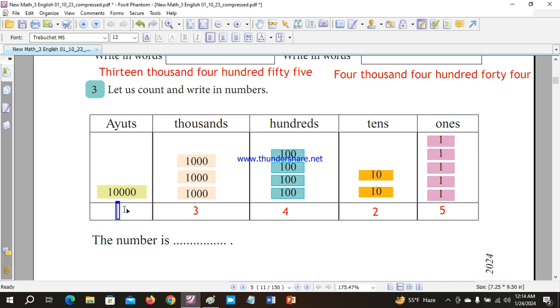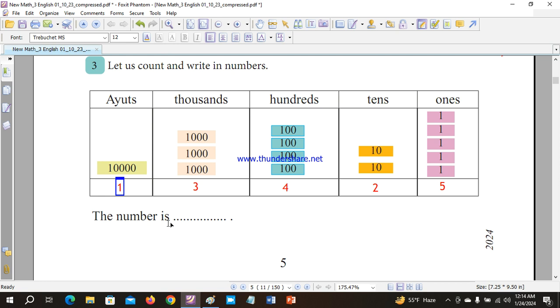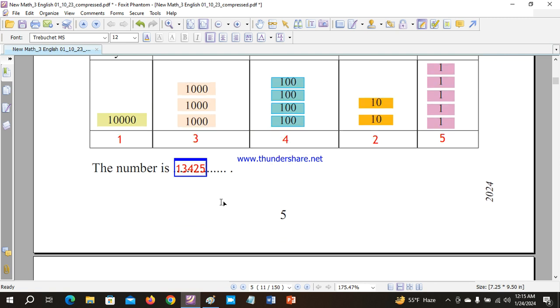So we have to write 1. And the number is 1 3 4 2 5. Here we have to say Ojut and thousands together, 13. So the number is 13,425.